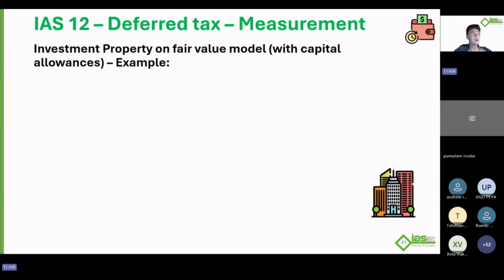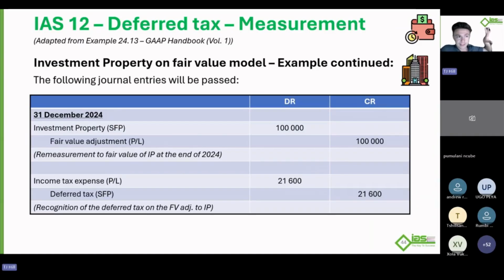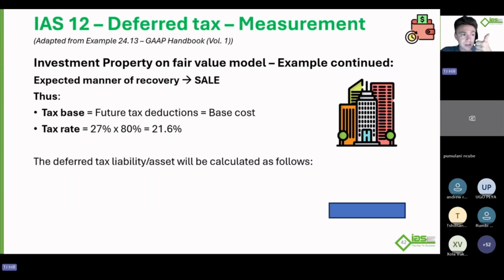Are you happy with what we did here with the rates and whatnot? Because I'm going to do another example now that's maybe going to be a little bit more involved. So you need to have understood why we are using base cost and why we are using the CGT rate, because that economic benefit will be recovered through sale.